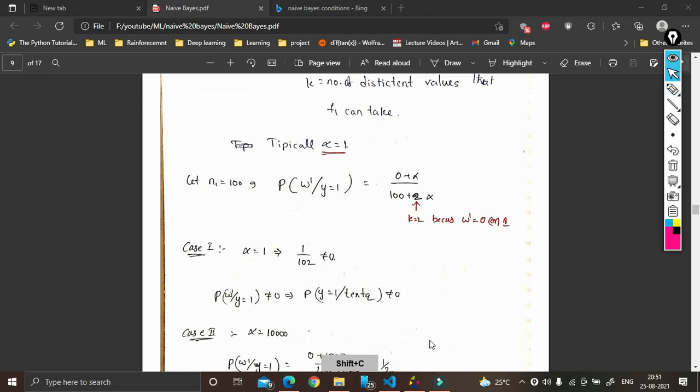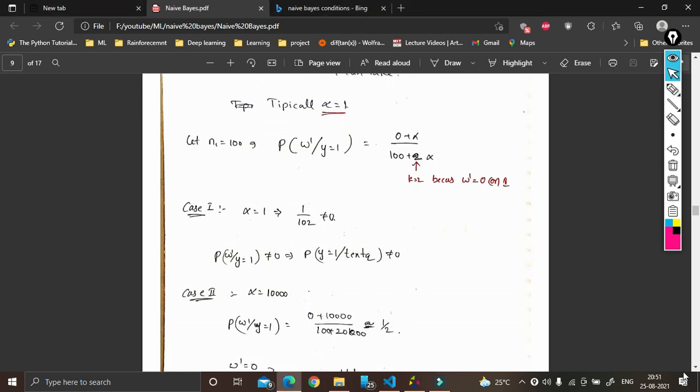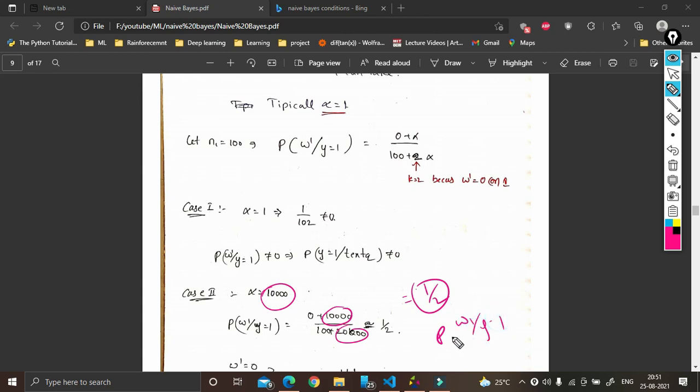When alpha is very high, then for all classes we get the same probability for W1 given y, which means it is underfitting. We will tune the hyperparameter value by using cross validation.